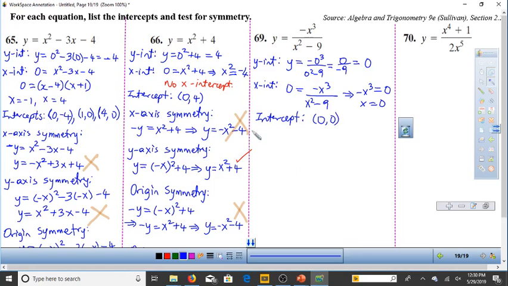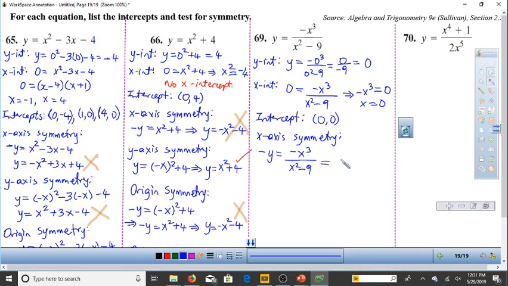Now let's check for some symmetry, x-axis symmetry. To check for x-axis symmetry, I replace all my y's with negative y, and I try to simplify to see if I get the original equation. So negative y is equal to negative x cubed over x squared minus 9.